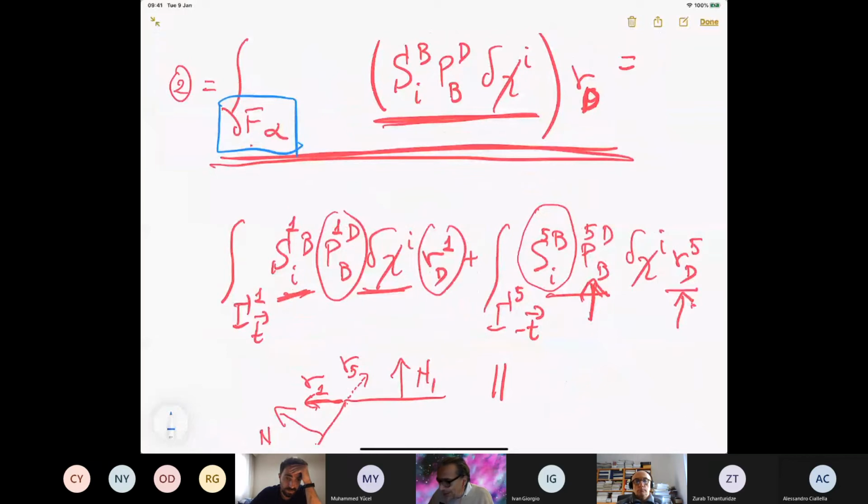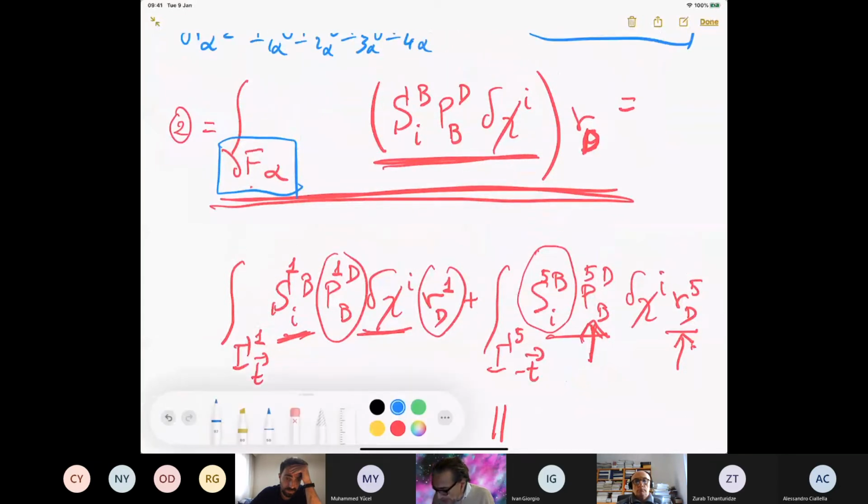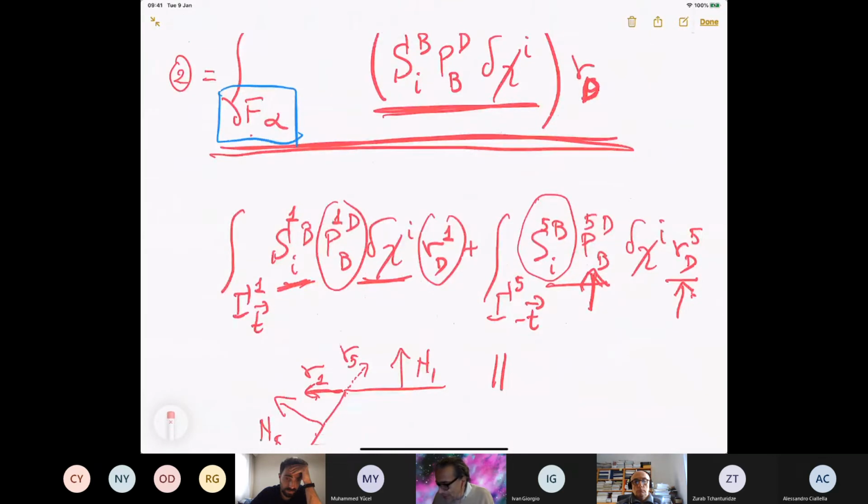Then in this integration by parts, for the same curve having tangent vector t or minus t, depending on the orientation, regarded as a part of the boundary of face 1 or a part of the boundary of face 5, you have these two terms appearing.